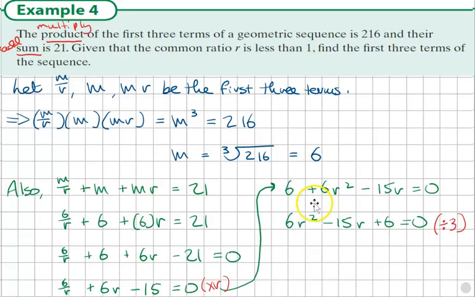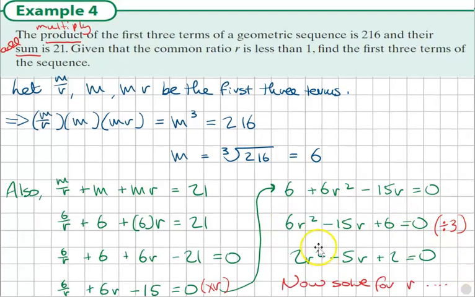And we just rearrange so that we have our r squared first, our r, our constant, and equal to 0. So we have 6r squared minus 15r plus 6 is equal to 0, and we can further simplify by dividing across by 3. So we're left with 2r squared minus 5r plus 2 is equal to 0.